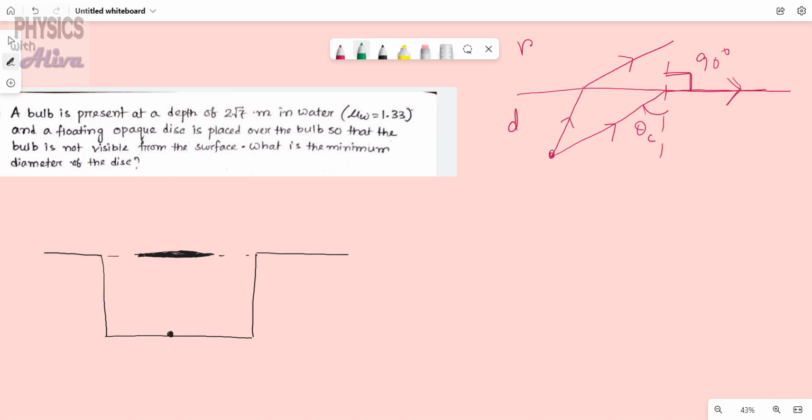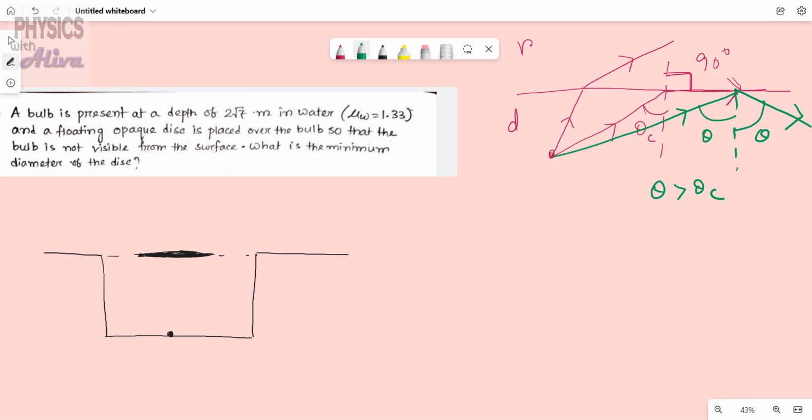This particular angle theta is known as the critical angle. If the incident angle theta is greater than theta c, the ray will not get refracted, rather it will reflect back to the previous medium, the denser medium.